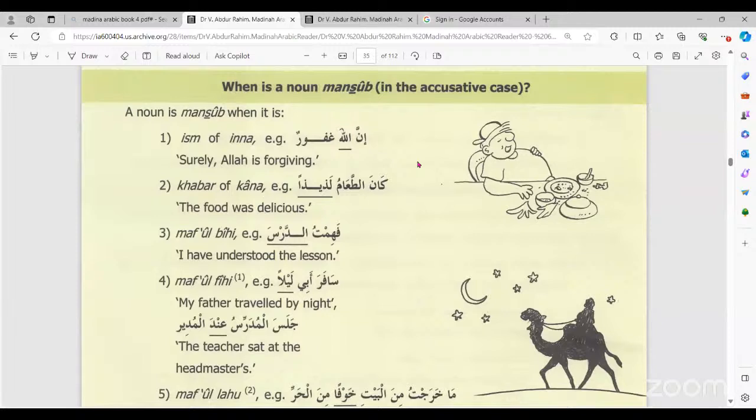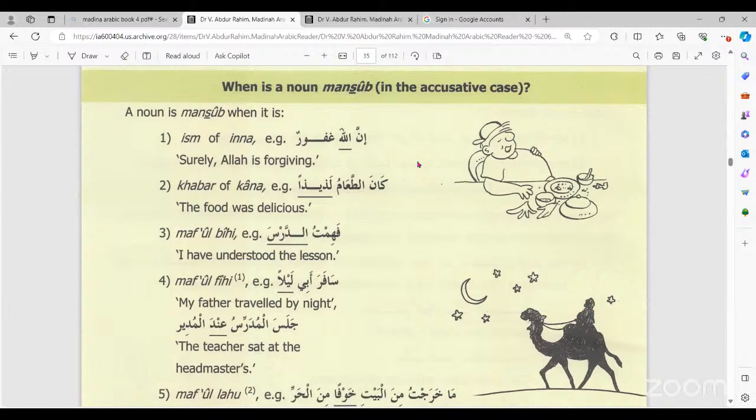Excellent. So inna is called huruf al-mushabbahatun bil-fi'l. So this is a practical name. It's a particle which resembles a verb. Because why? Because it acts on 2 words. In inna Allaha, the ha is getting a fatha because of inna.